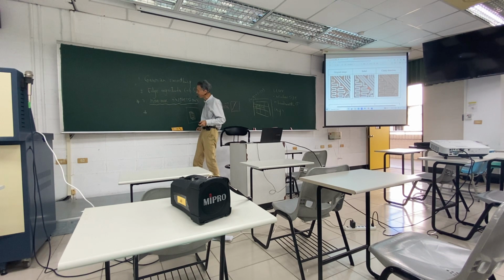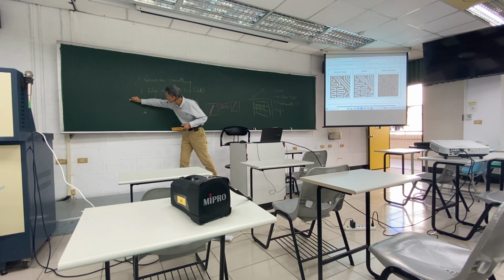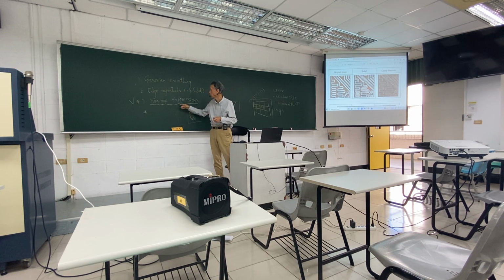I should not say connect the broken edges, but I will show you the method of connection, okay. Anyway, that's basic. And the main operation is right here, non-maximum suppression.